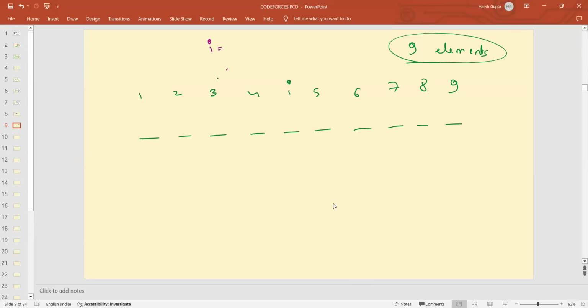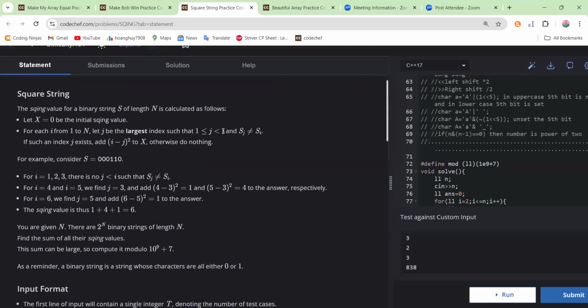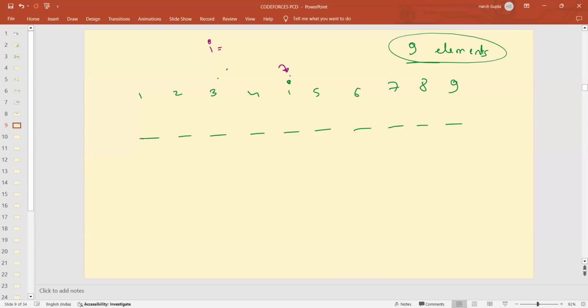See, over here we have two indexes, right? i and j. So i is the element index towards the right and j is the element index towards the left. So if this is my i, what is the summation of total squing values I will get, considering all the possible substrings? So see, what are the options I have? At this particular index i, my value can either be 1 or 0.